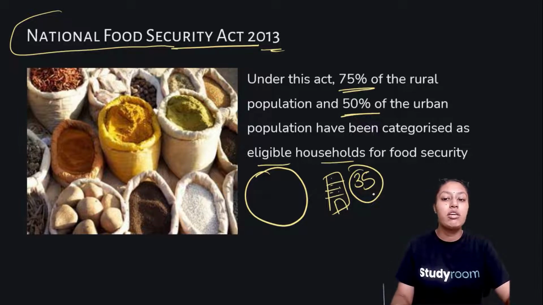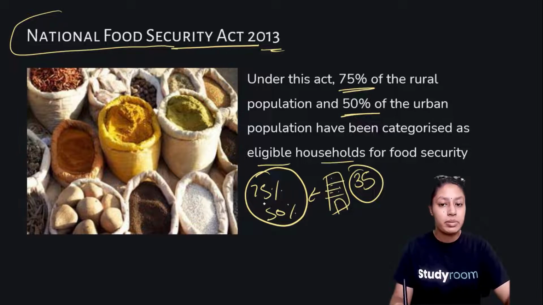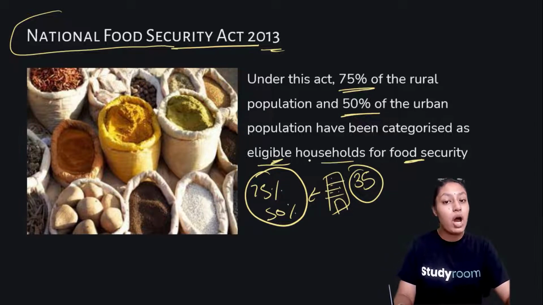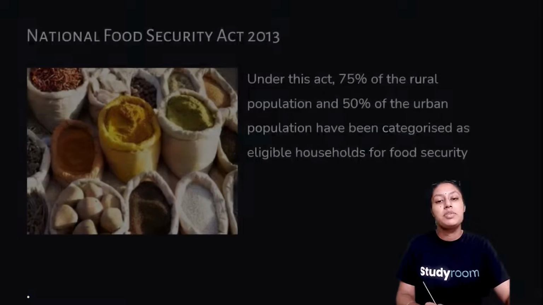So, for this, government has specifically targeted this audience and put them into a circle, and their ratio is 75% rural and 50% urban people, or people living in urban areas who are eligible for food security, means who require some sort of administrative help.